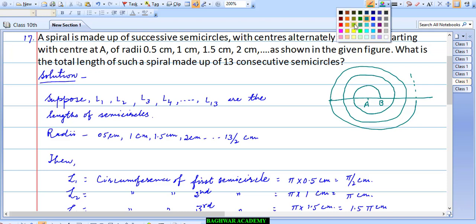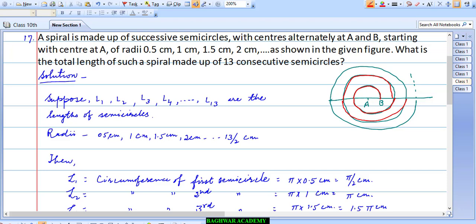You can see, first you have this one semicircle, next semicircle is this one when you assume point B, and then again one semicircle like this, and again a semicircle like this.